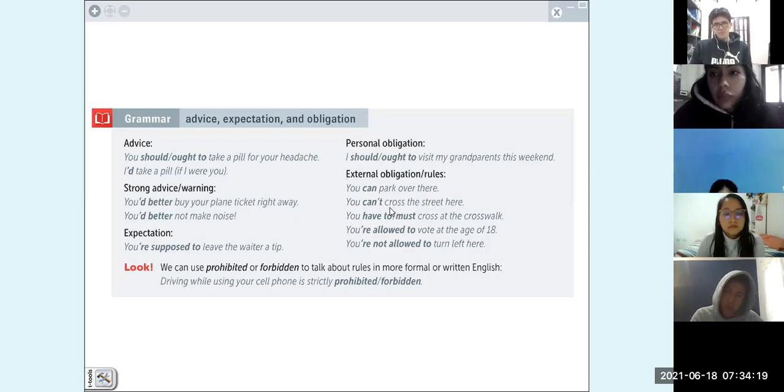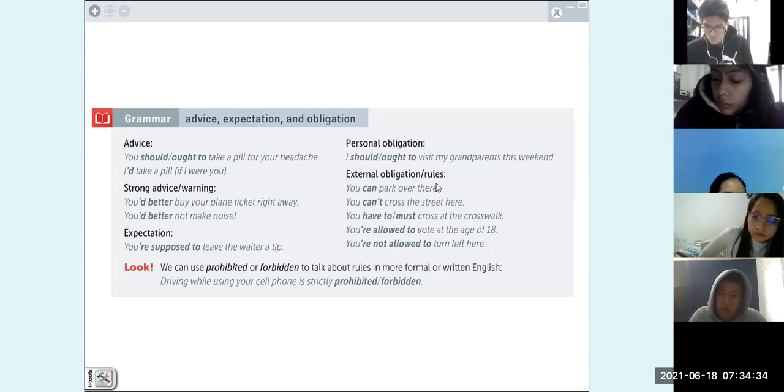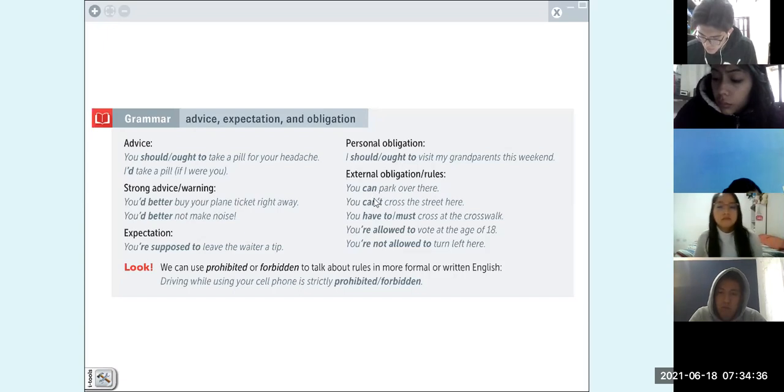Very good. What about external obligations? Rules that we have, for example, in the supermarket, in a public place, in a library, in the church, I don't know, external obligations. We can use can, can't, have to, must, allowed to, or you are not allowed to.